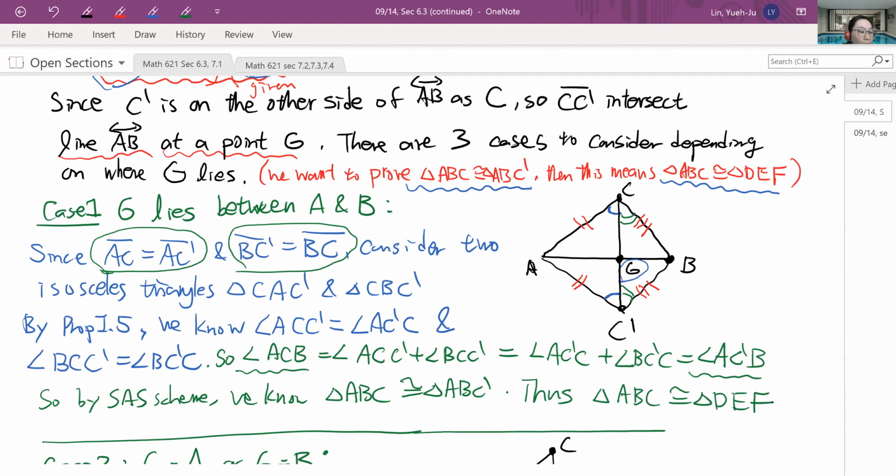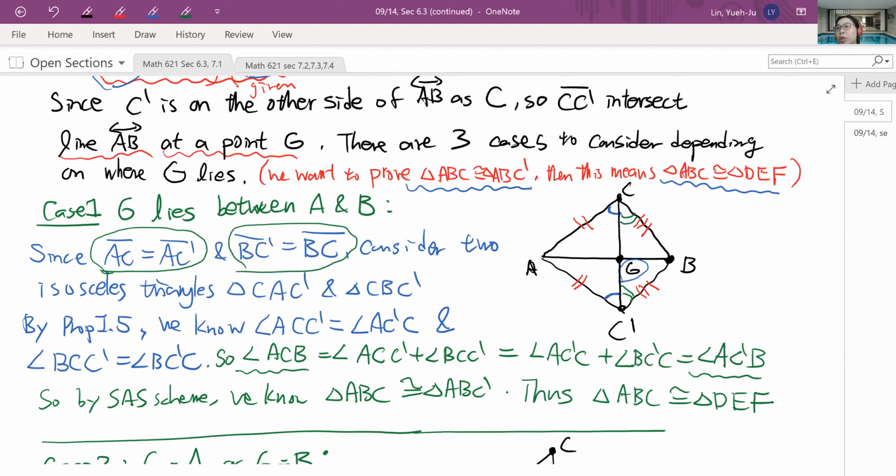One thing I also want to emphasize, from grading the homework, is that when you mention the congruence scheme, please mention it directly. I know some people will cite a proposition, but to be more precise, it's better to mention explicitly which scheme, for example SAS.